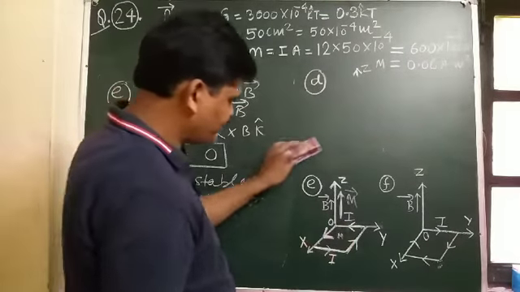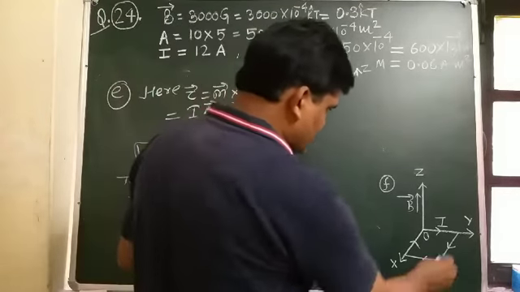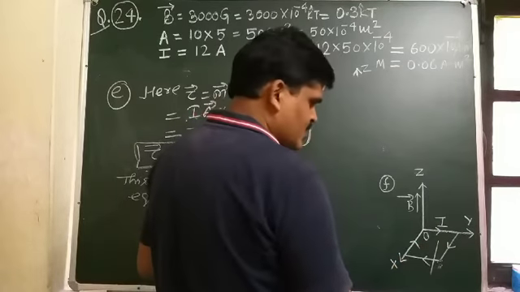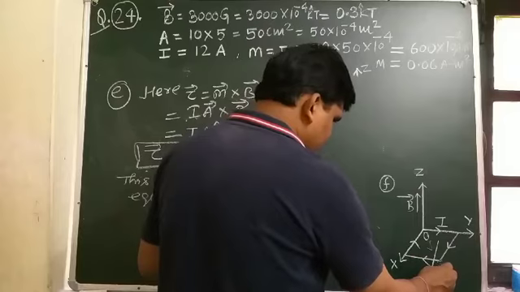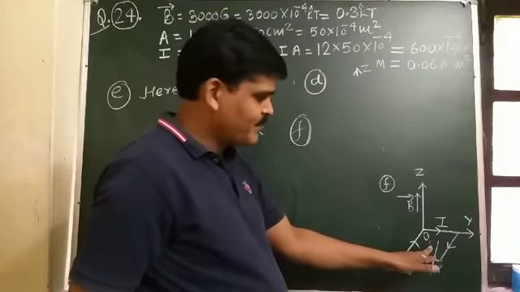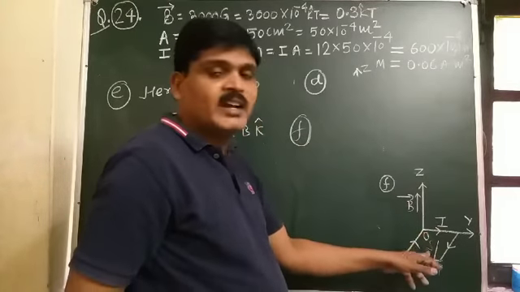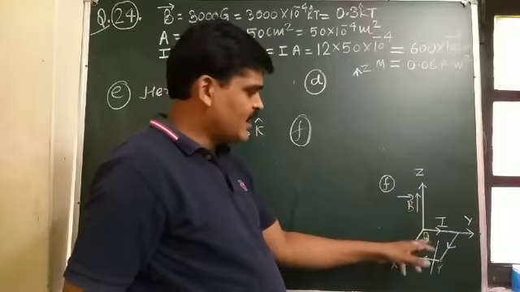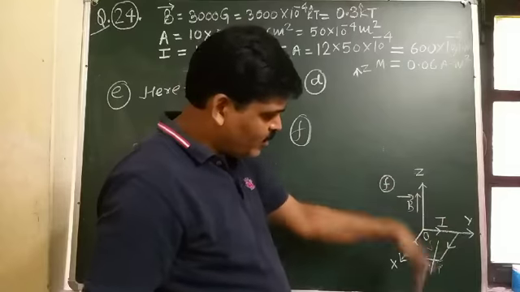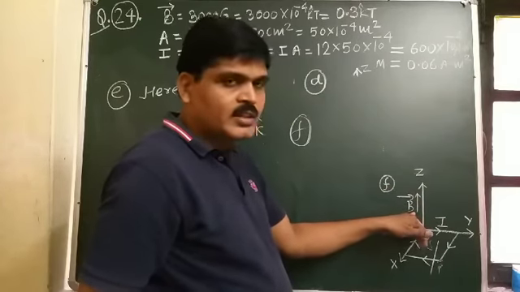And student, in question F, see the direction of current. Clockwise direction. So this face is South, and this face below is North. The direction of magnetic moment is towards negative Z axis. If you draw the direction of area vector, the outward drawn normal, it is towards negative Z axis.